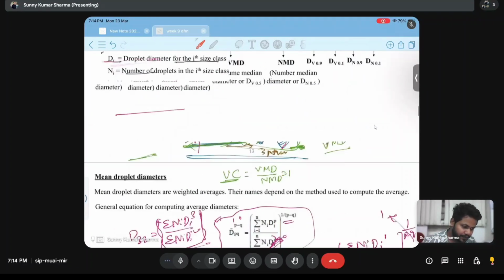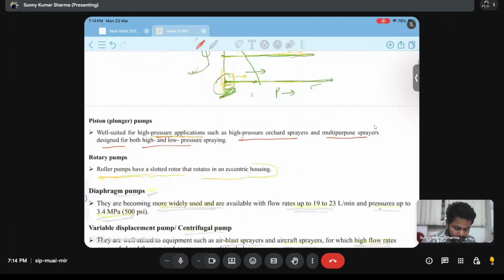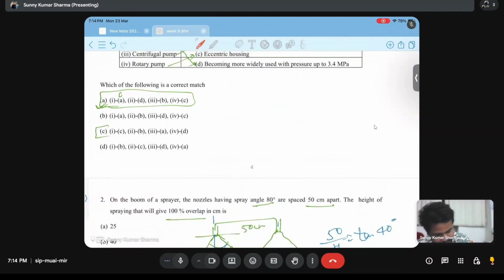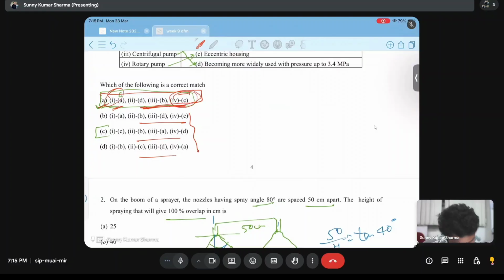Option C is repeated, C and four also C is written there. So you should select option A only because DBC is there. Others are there. Yes, we can select, but that is actually mistyped by NPTEL.